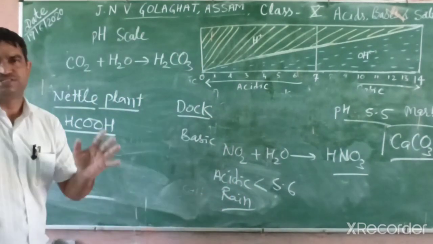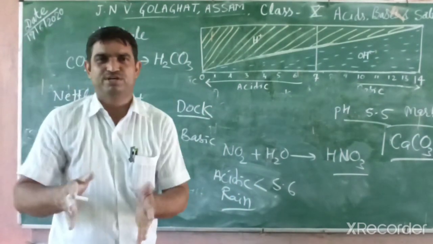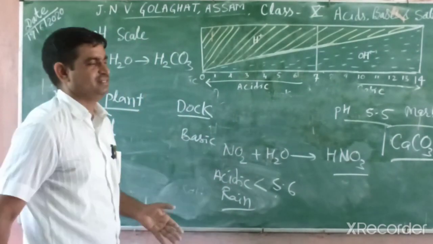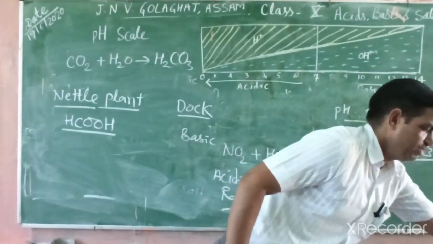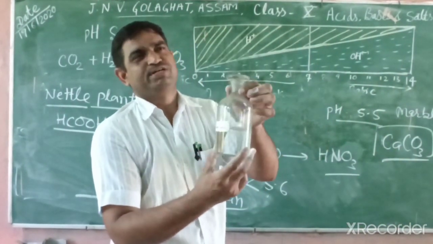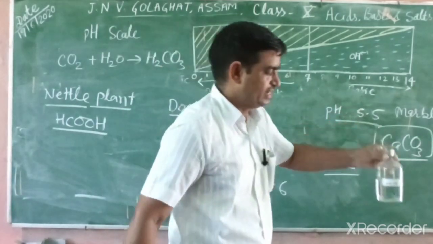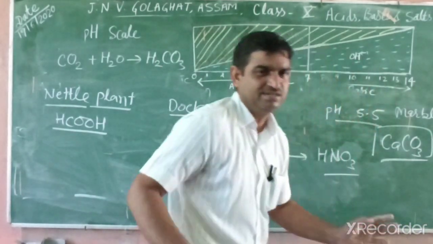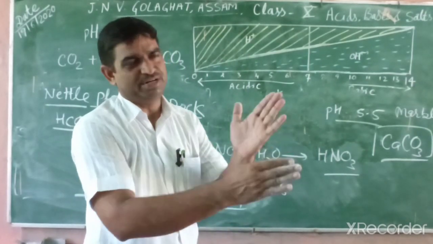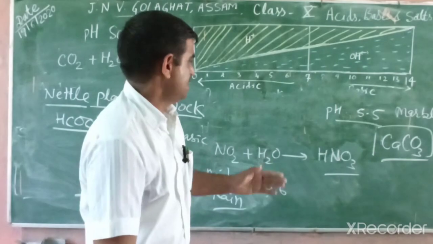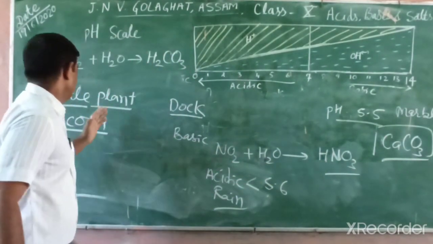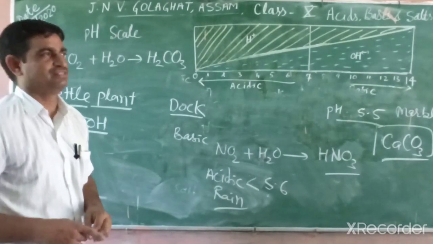In our NCERT textbook, there is a table with different acids. Vinegar has acetic acid. Tomato has oxalic acid. Tamarind, meaning imli, has tartaric acid. Easily remember: tamarind, tartaric acid. Lemon and orange have citric acid. And nettle and ant sting have formic acid.